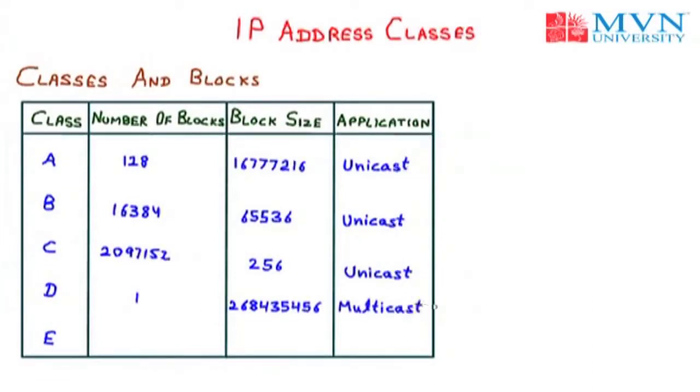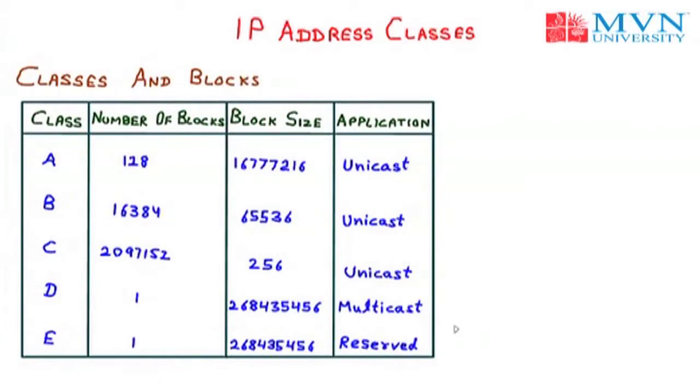The last class E again has the number of blocks as 1 and the same block size as class D, that is 268435456, and it is reserved for future use. So we have 3 main classes used for unicast, and of the other 2, class D is for multicast and class E is reserved for future use.